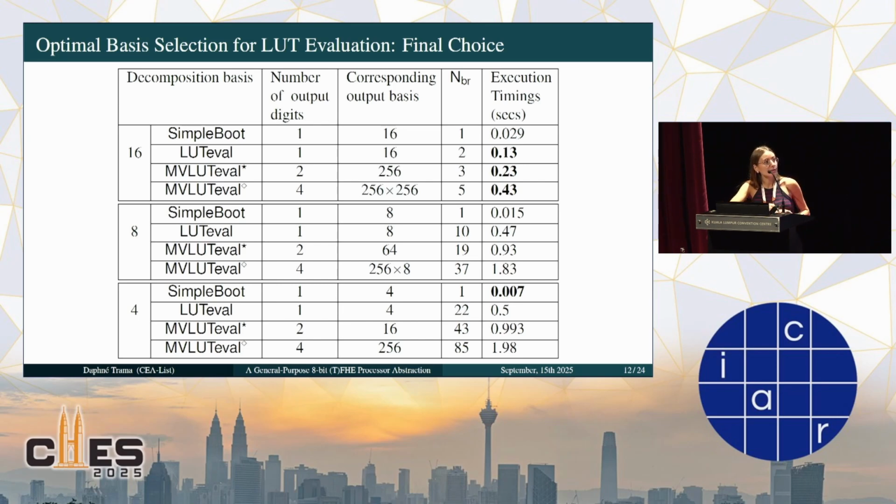So when we perform this in decomposition basis 16, we obtain 2 4-bit encryptions, that is to say the equivalent of an 8-bit value. But when we perform MV star in basis 4, we get only 2 2-bit values, that is to say the equivalent of a 4-bit value, which is less than an 8-bit value. So this is why basis 16 is as advantageous as any other decomposition basis, and we of course used it to design our processor.